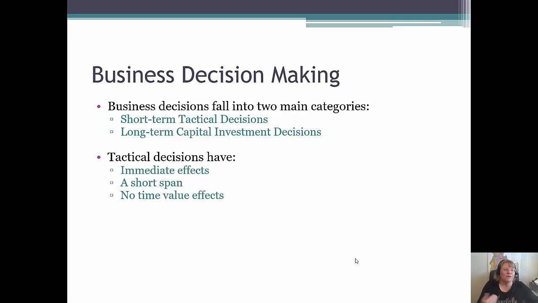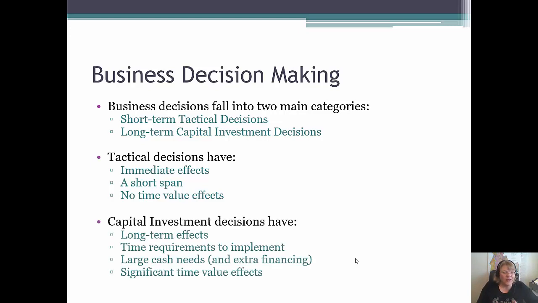Should we start making this new product? Should we cut costs? These are decisions that can take effect immediately, and there's no time value effect. There's no big investing or anything like that going on with those.